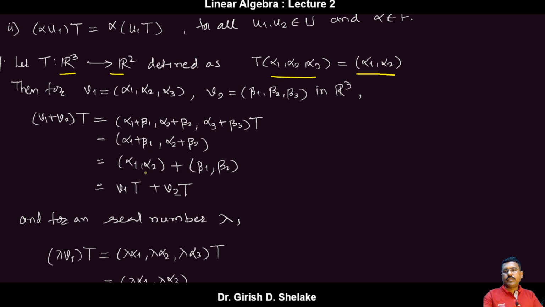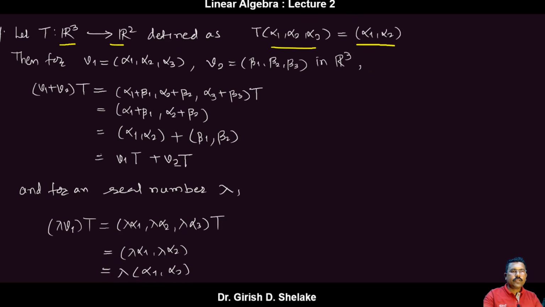Again, by definition of addition in R2, we write this as (alpha 1, alpha 2) plus (beta 1, beta 2), and then by using the definition of t, we write this as v1 operated by t plus v2 operated by t. It means t preserves the addition.